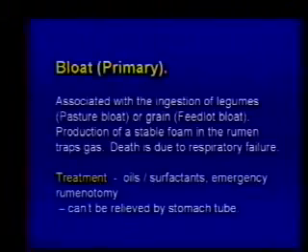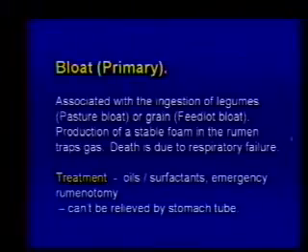We can add some mineral oil, which acts as a surfactant. There's poloxalene, which is a surface active agent, and it dislodges or dissolves the complex of the saponins with the gas, and now the animal is able to eructate.